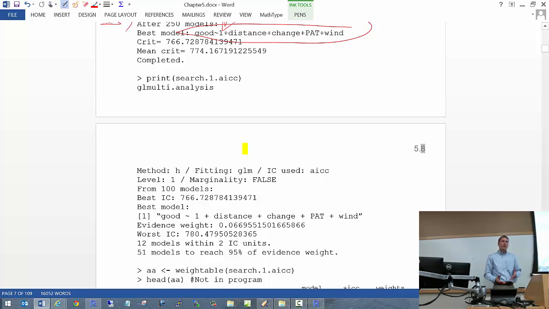To see a summary of what was the best model, or models overall, I can use the print function.